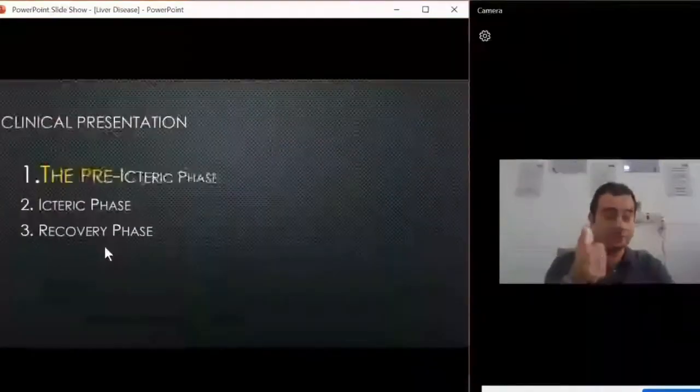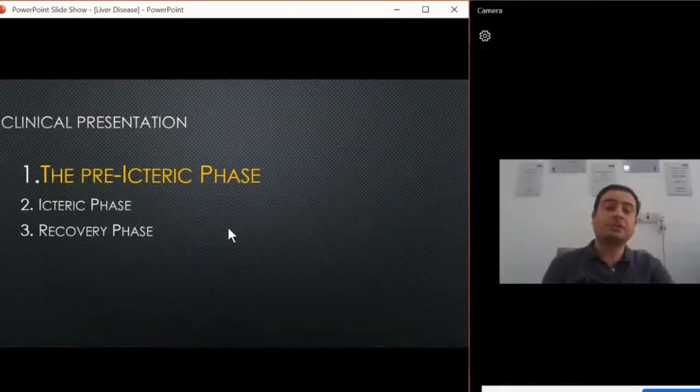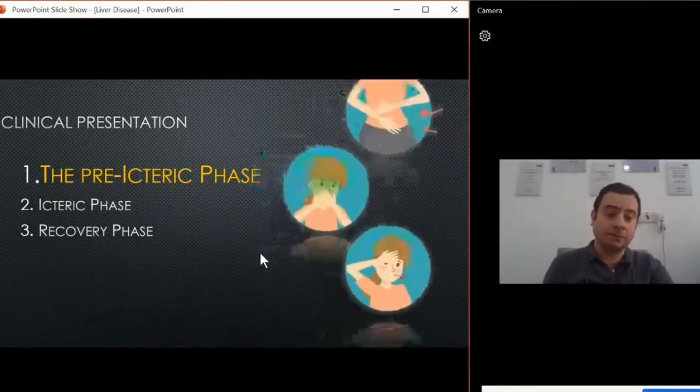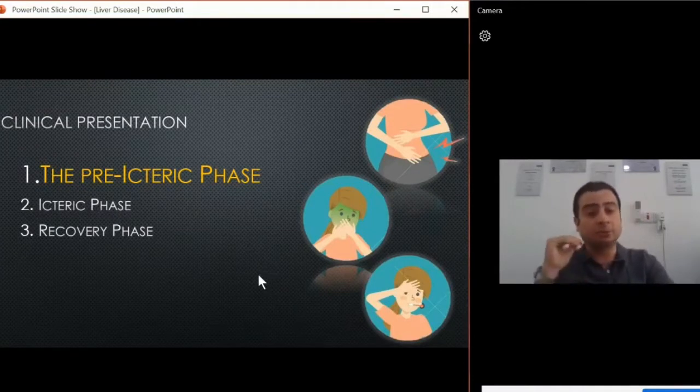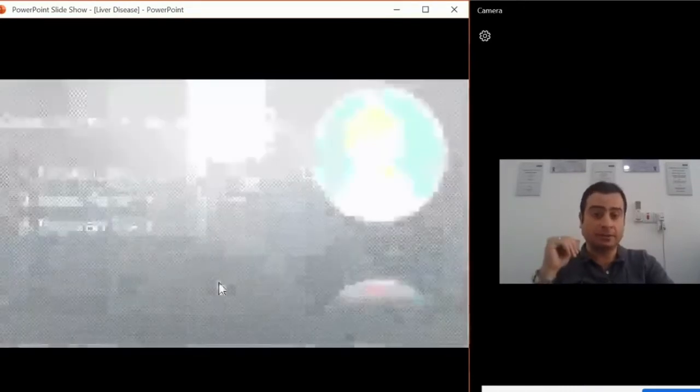Starting with the first one, the pre-icteric phase, the patients start to have non-specific symptoms of abdominal pain, nausea and vomiting, and fever, which is an elevated body temperature. This phase usually takes about 2 weeks, and the patient then enters the icteric phase.